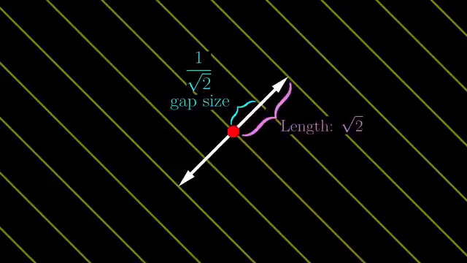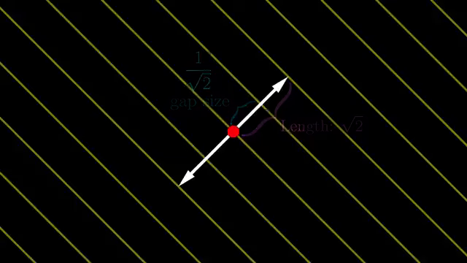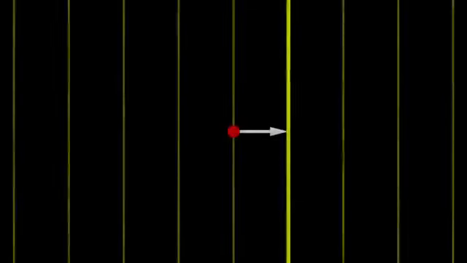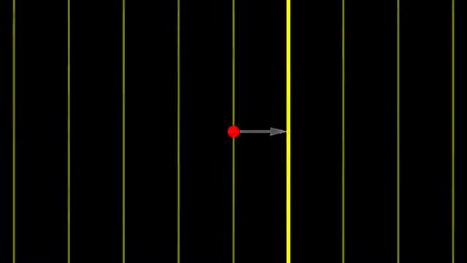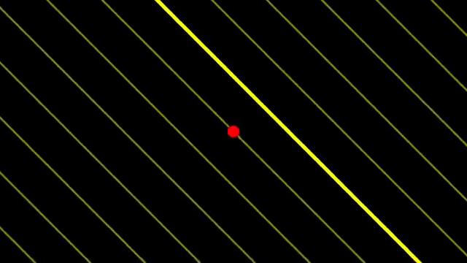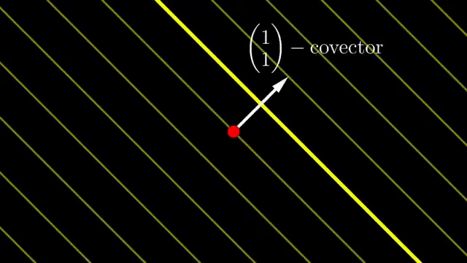This leaves us with two choices, either a 1, 1 or a -1, -1 covector. Because originally, this bold line is measured positively by this 1, 0 covector, after the transformation, this bold line indicates the positive direction, and so it must be the 1, 1 covector.